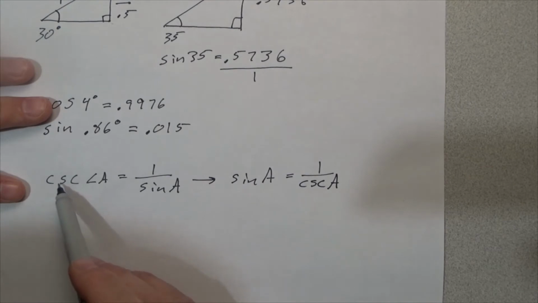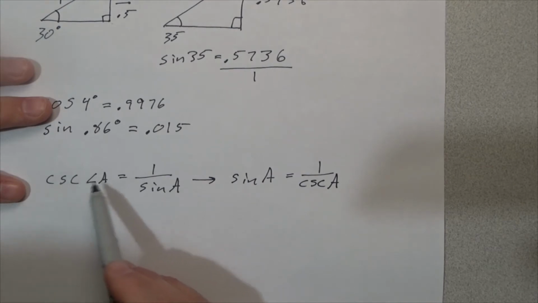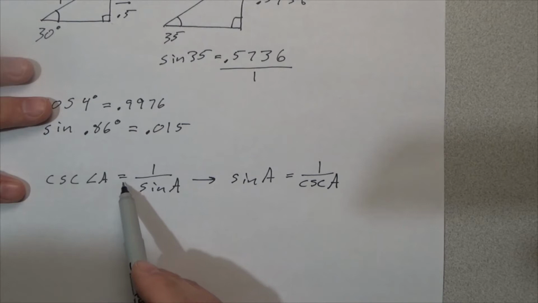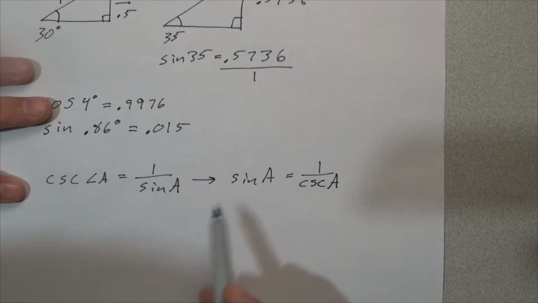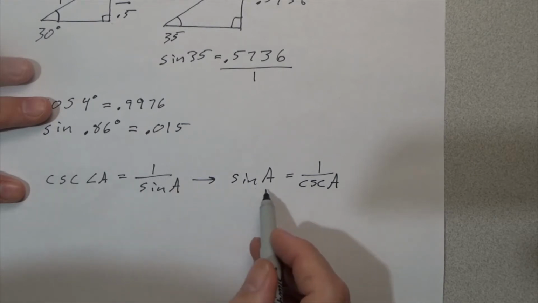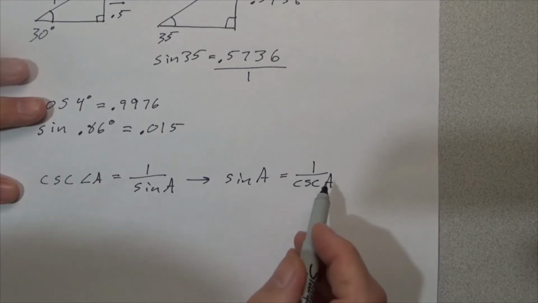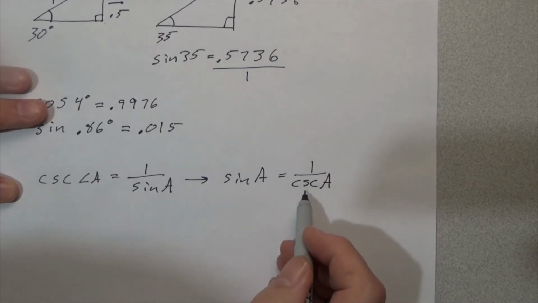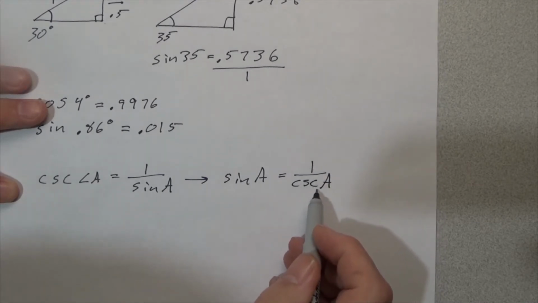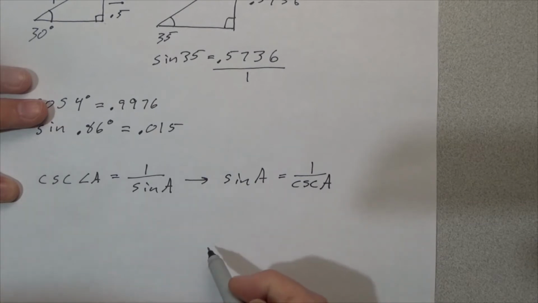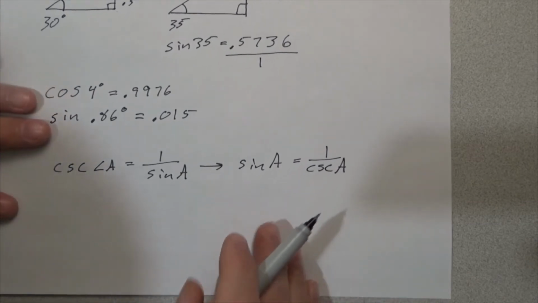So if we have the cosecant of angle A, that is the same thing as saying 1 over the sine of angle A. And if I have the sine of angle A, that's the same thing as saying 1 over the cosecant of angle A.